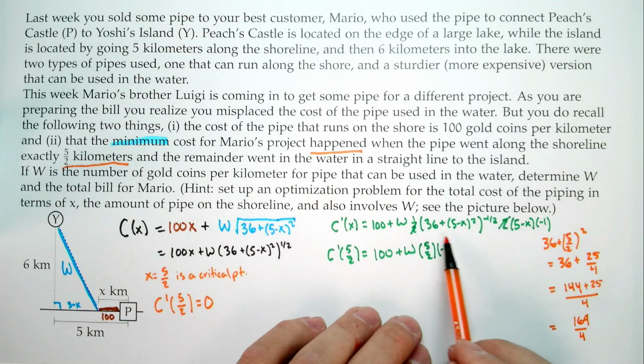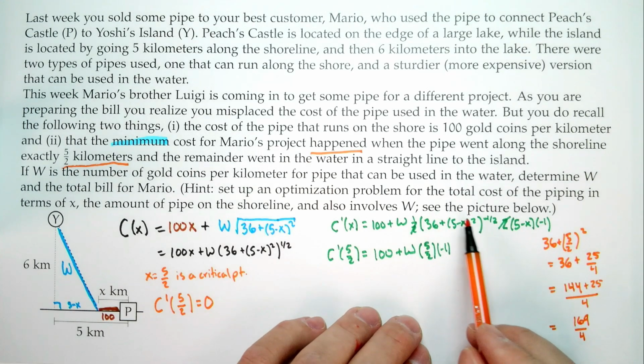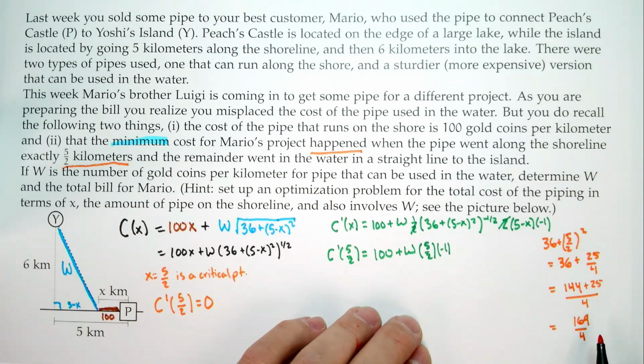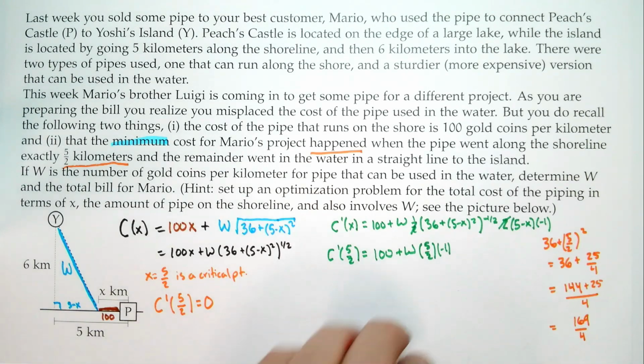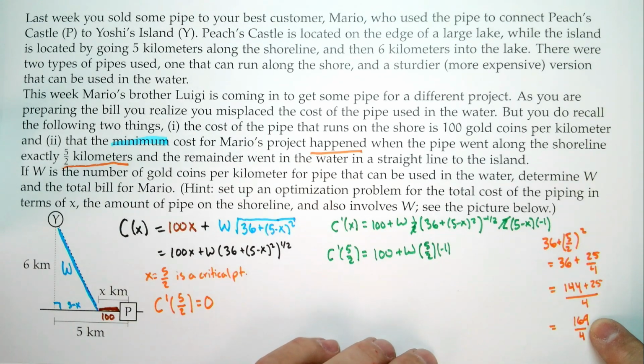Okay, so the inside part is 169 over 4. Well, it turns out 169 is a perfect square, and the square root of 169 is 13. And 4 is also a perfect square, so the square root of that is 2. So the square root of 169 over 4 is 13/2.